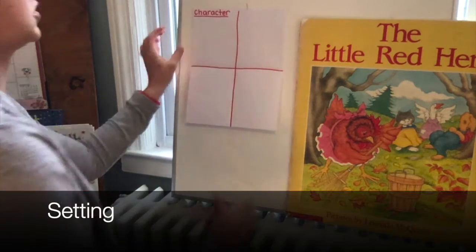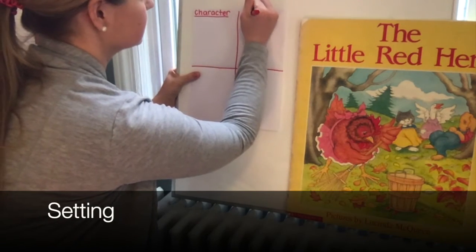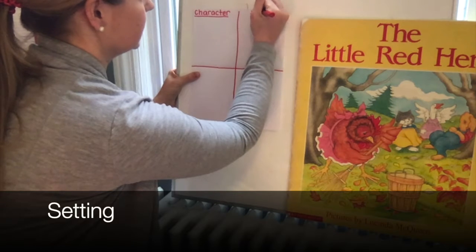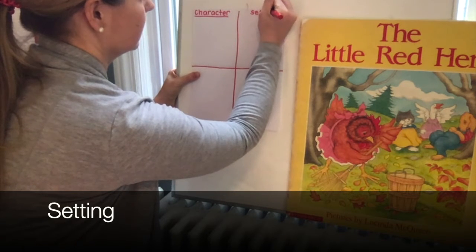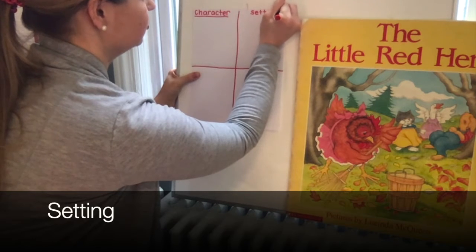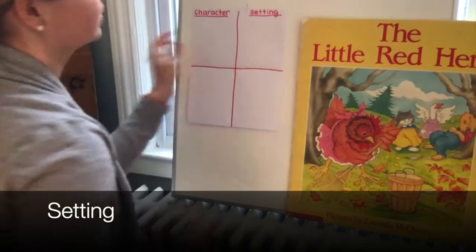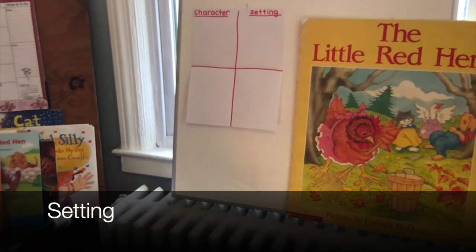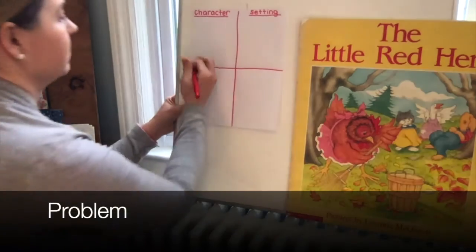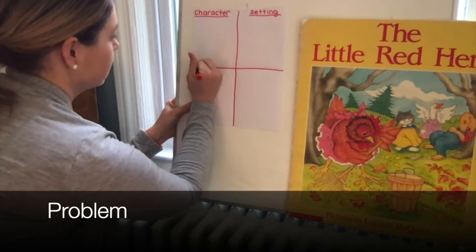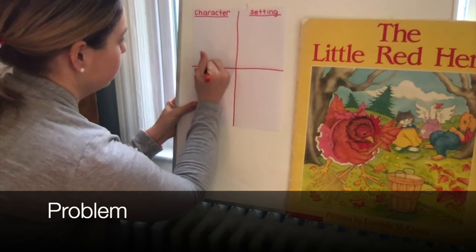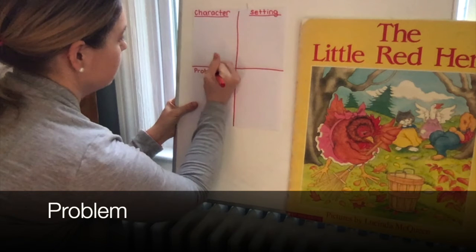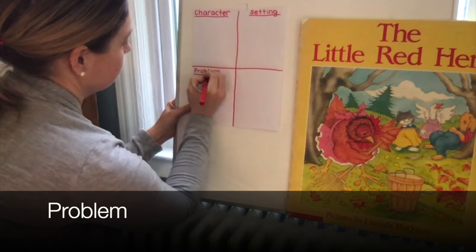All right, in the second box, we're going to be writing the word setting. S, E, T, T, I, N, G, and then you can draw a little line underneath. Go ahead and write setting in your second box. In our third box, we're going to be writing problem, P, R, O, B, L, E, M, little line underneath.